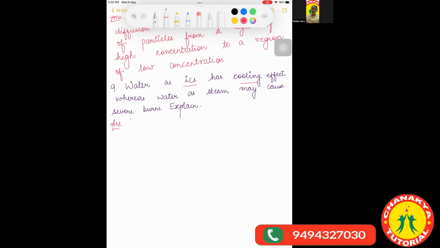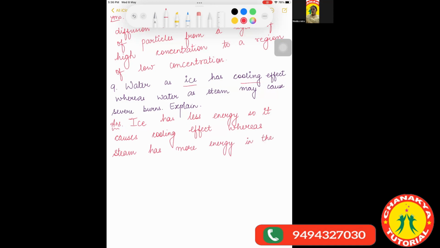Yes, very good. So ice has less energy, so it causes a cooling effect, whereas steam has more energy in the form of latent heat of vaporization, so it may cause burns.